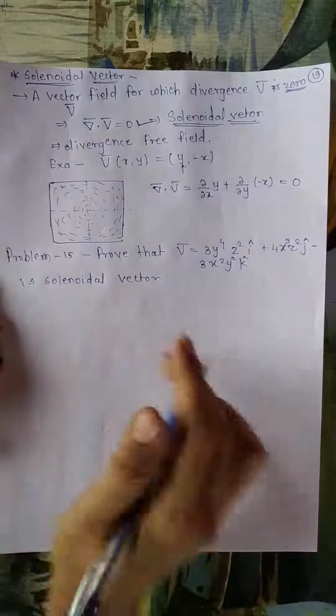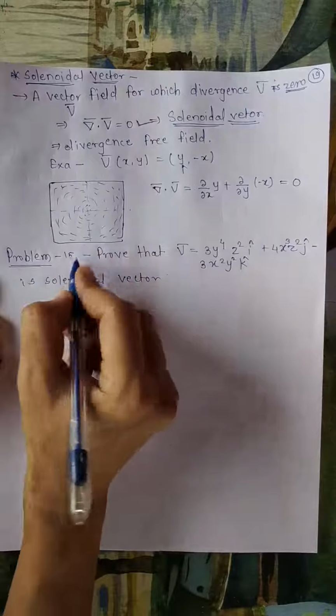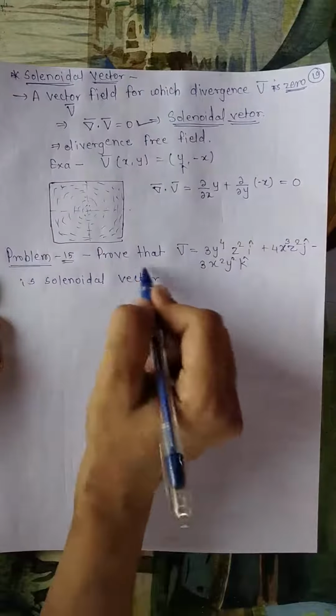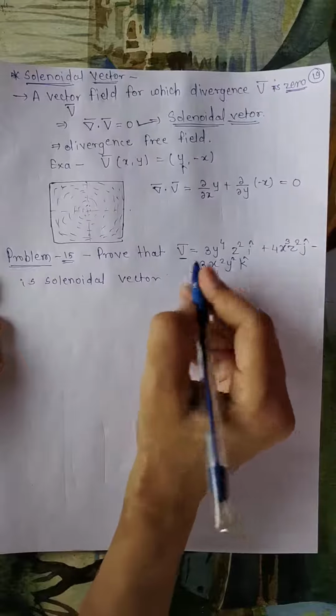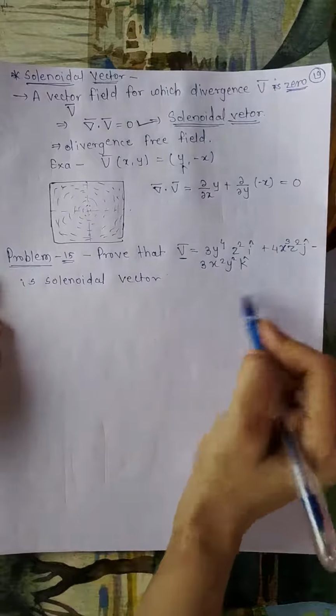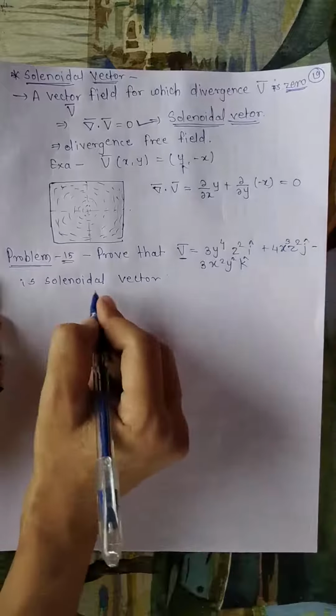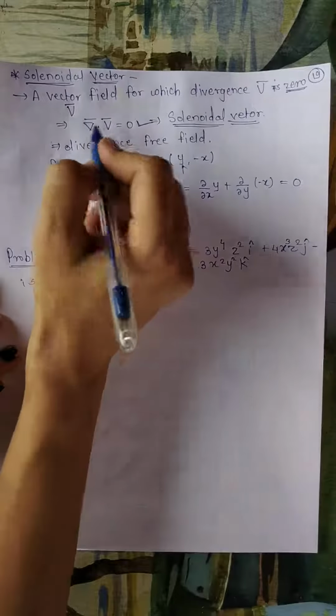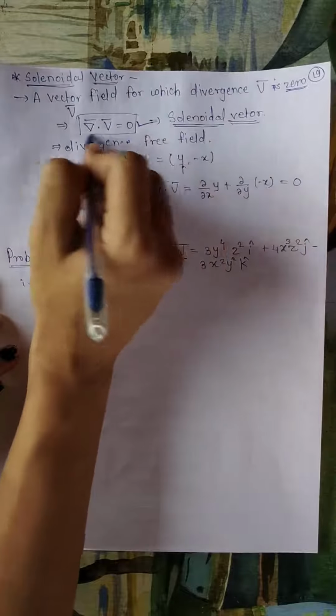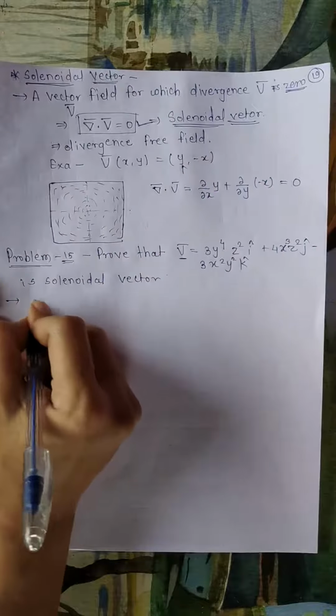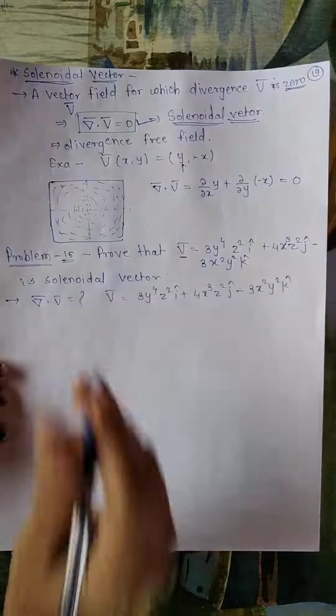Now we will discuss problems. In problem number 15, they have asked us to prove that this v bar is a solenoidal vector. They have given us a v bar and we have to show that its divergence will be zero. So let's find del bar dot v bar.